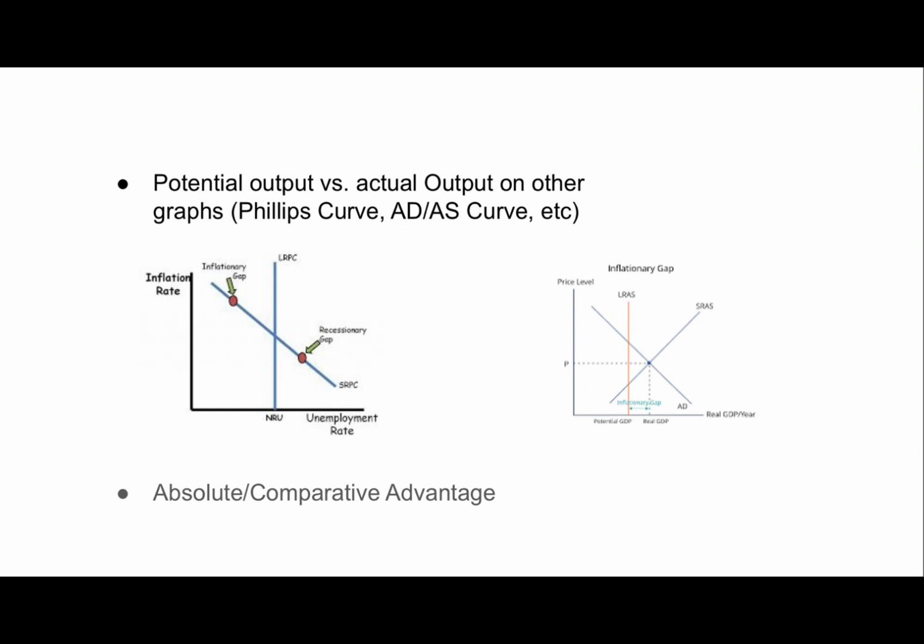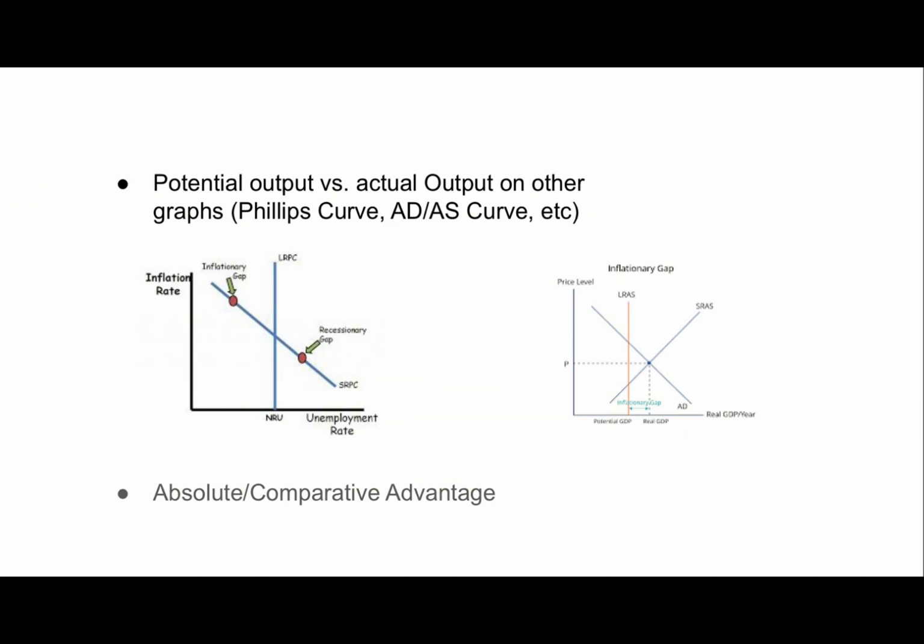The same can be said as the inverse. If it shifts inward, and by it I mean the production possibilities curve, then it represents the recessionary gap as pictured in the Phillips curve. And while it's not pictured here, it is representative of a recessionary gap on AD-AS.